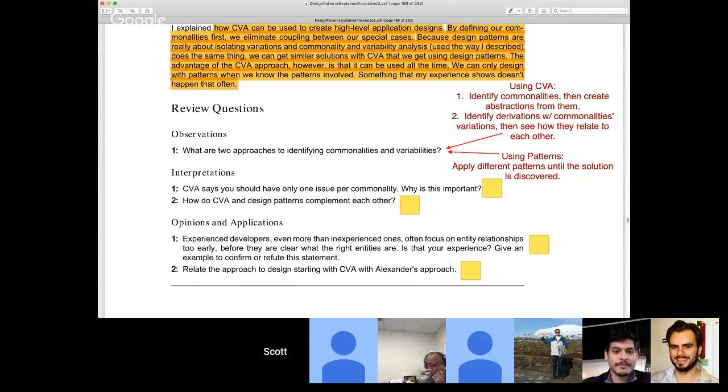Okay, so I came up with two approaches to identifying commonalities and variabilities. There's CVA, and then there's design patterns.